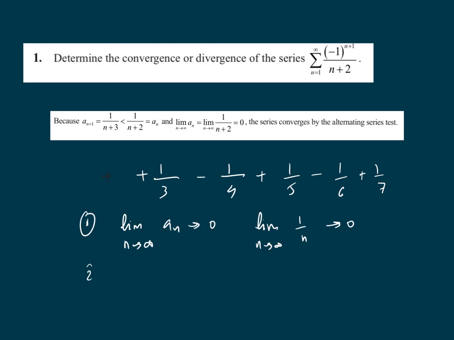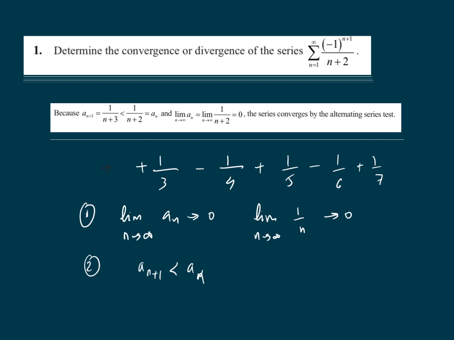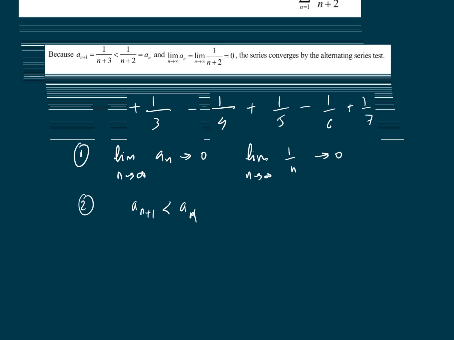And the second condition that has to be met is that a sub n plus 1 has to be smaller than a sub n. As the series progresses, the terms become smaller and smaller. The harmonic series is 1 plus 1 half plus 1 third plus 1 fourth plus 1 fifth, so the terms are becoming smaller and smaller.